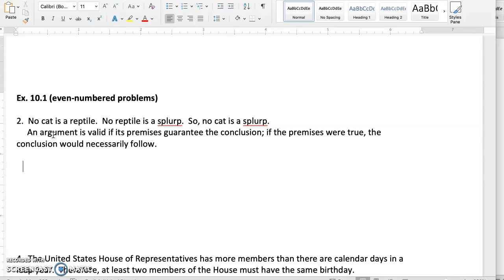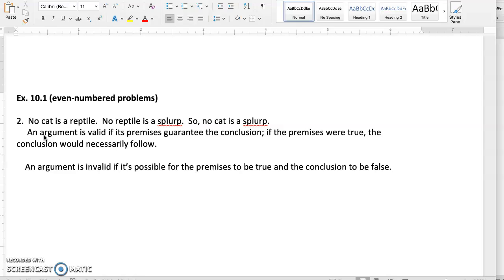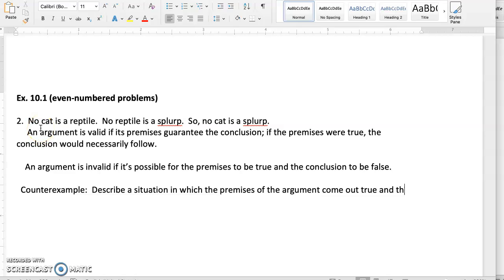So that means an argument is invalid if it's possible for the premises to be true and the conclusion to be false. So the counterexample method is basically the idea: describe a situation in which the premises of the argument come out true and the conclusion comes out false. All right.